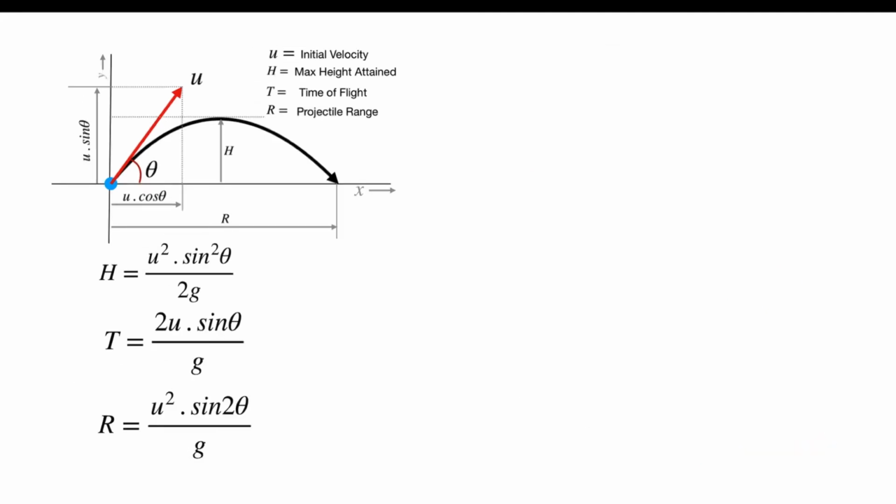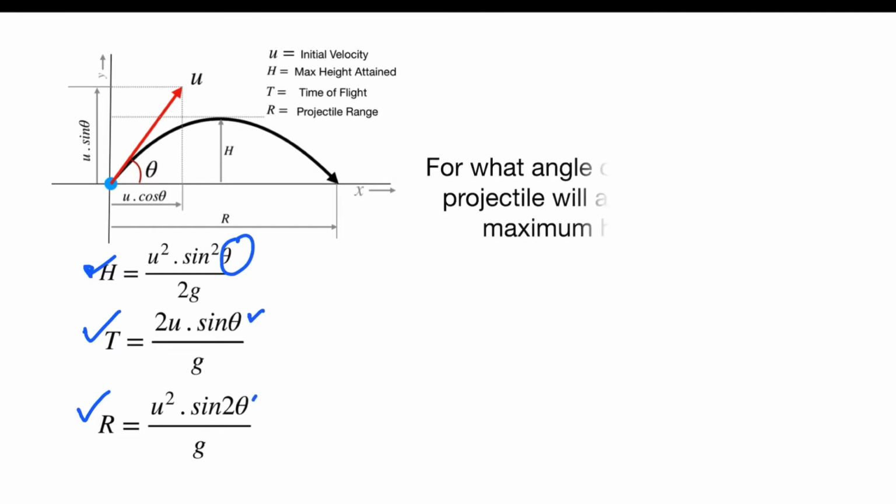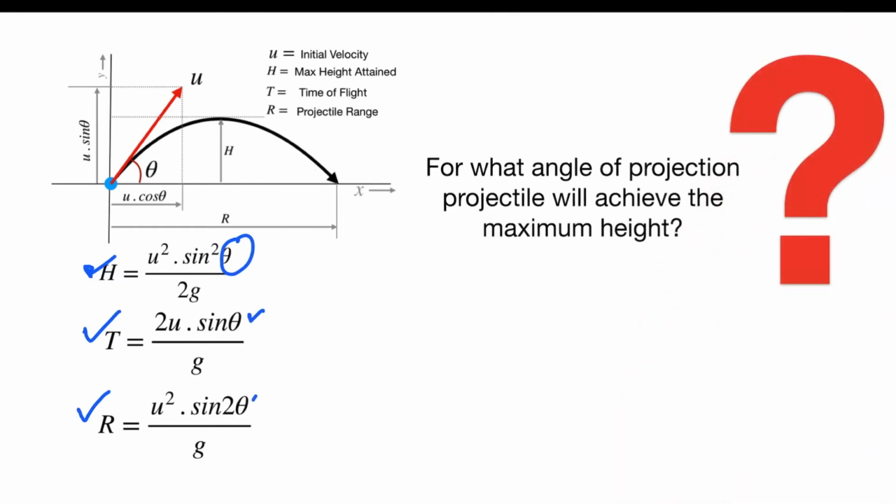From the derived formulas, we understand that for a given initial velocity, the maximum height, the time and the range of a projectile depend on theta, the angle of projection. Now, for a given initial projectile velocity, what should be the angle to achieve the maximum height?